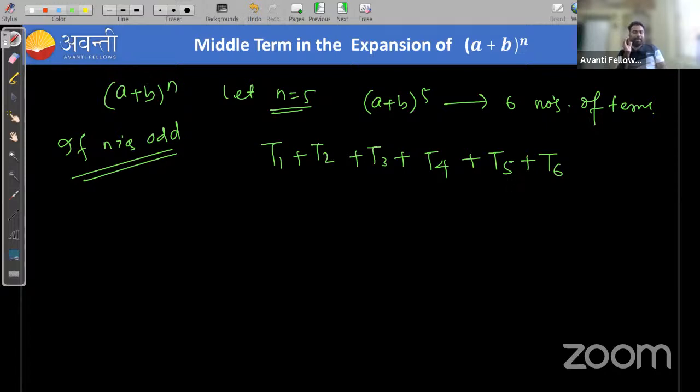So how many middle terms are there? Can you tell me what the middle term is here?